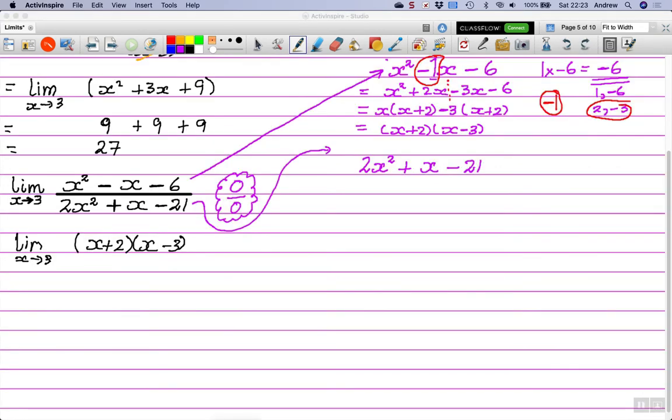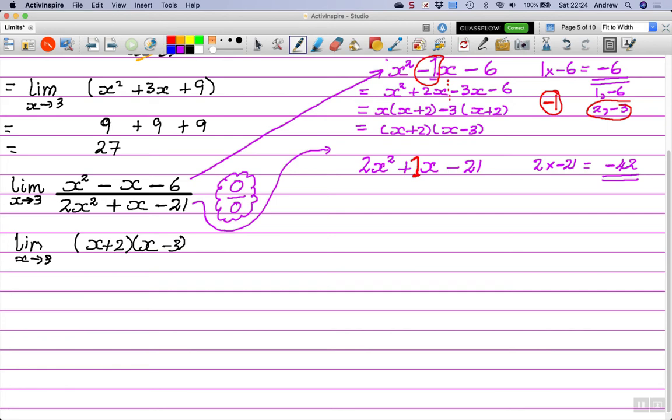Okay, same as before, we're going to take the first number, which is 2. We're going to multiply it by the end number, which is minus 21, and we're going to get minus 42. And we need to find the factor pairs of minus 42. We need to be aware that the number in front of the x is a plus 1.